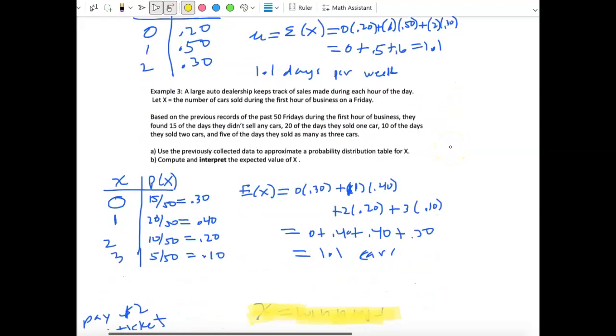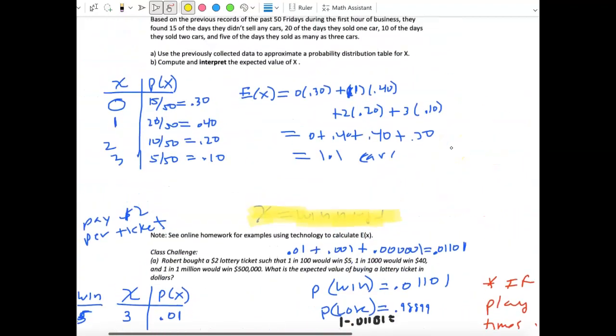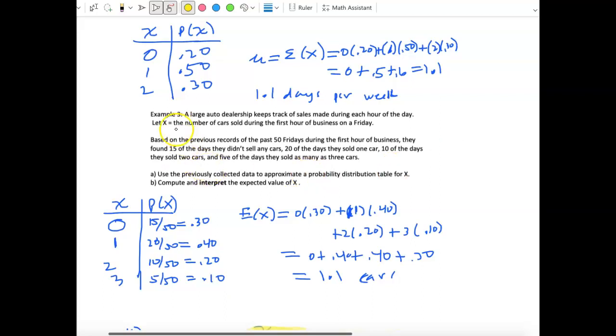And this last expected value example, before we look at harder ones, example 3, is again a table of values, the discrete random variable values. In this case, it's the number of cars sold during the first hour of business on Friday. How often those values occurred in the long run over 50 Fridays. You get this distribution here, and then we can calculate the expected value.